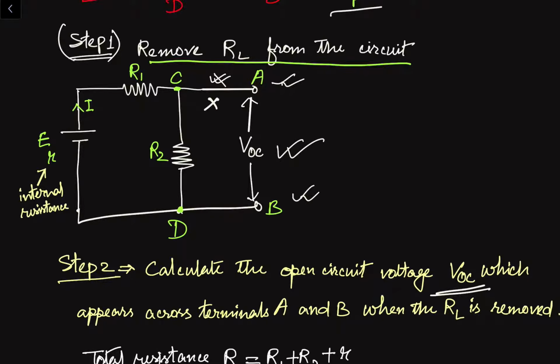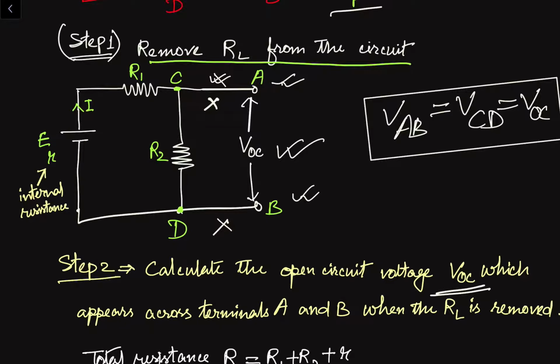Similarly for point B, we do not have any resistance between B and D. So the voltage across A, B will be equal to VCD. Because we do not have any resistance, VAB means VOC. So in this way we have to see.